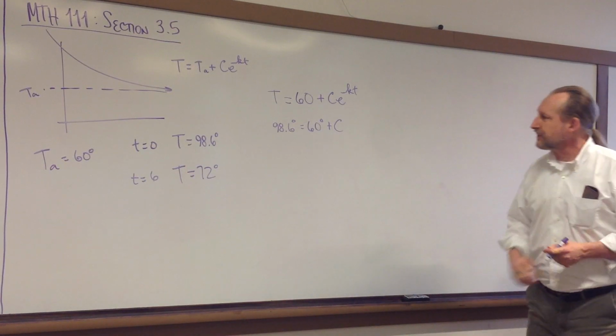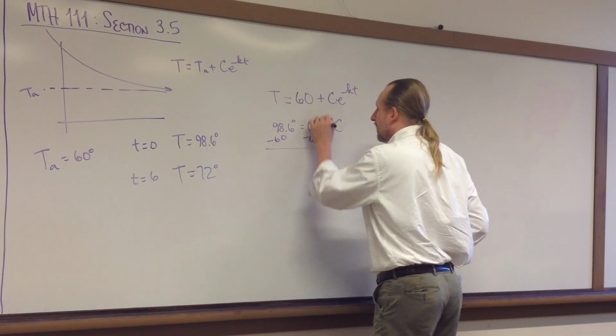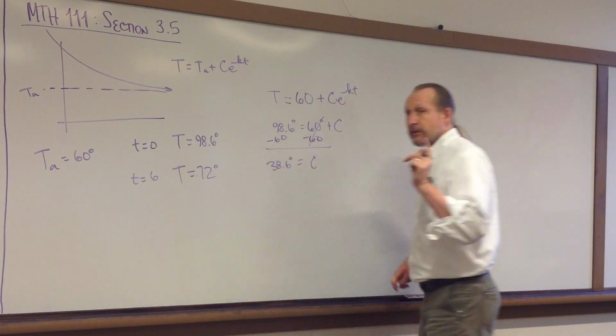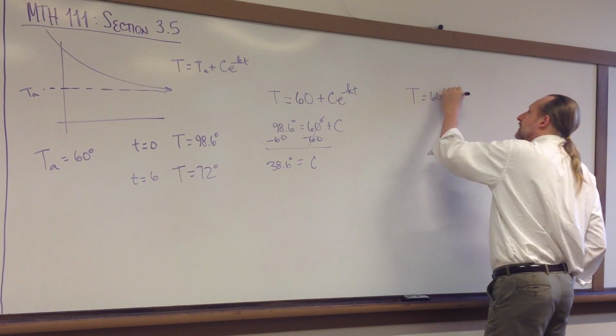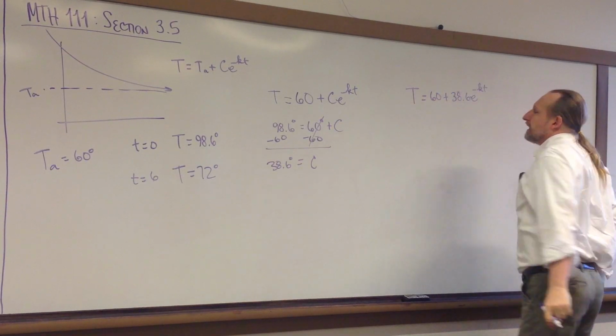So there's our equation now. All we have to do is subtract 60 on both sides, and that tells us that C is going to be 38.6. All right, so now we've got 60 plus 38.6 e to the minus kt.